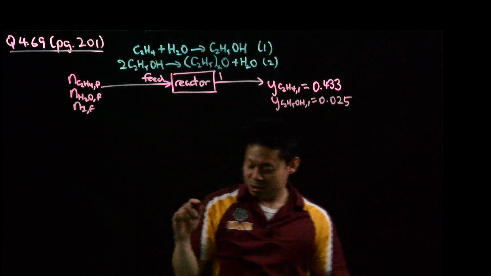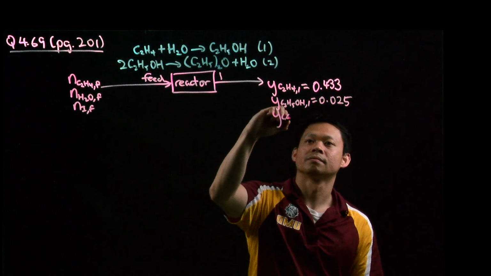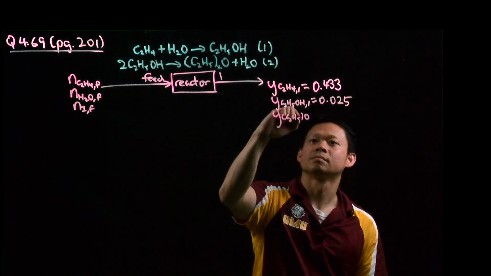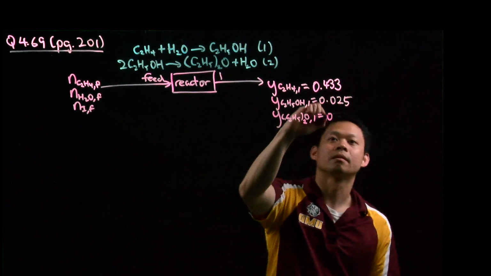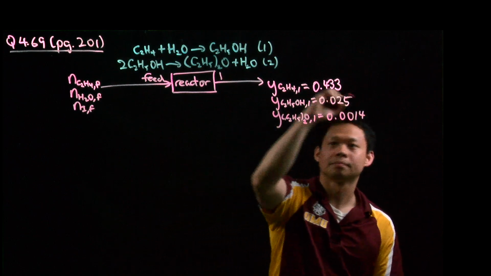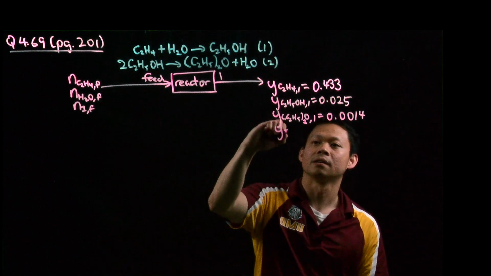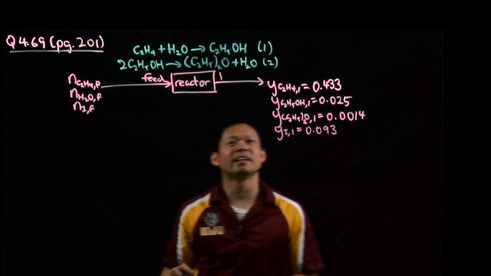We are given 0.14% of the ether. And then we are also given 9.3% of inerts. And the remaining is water.